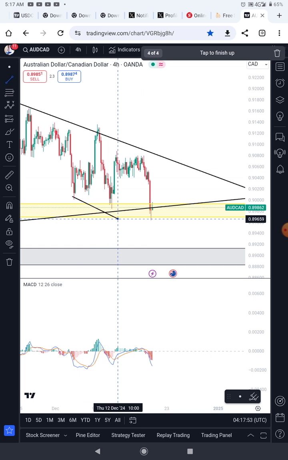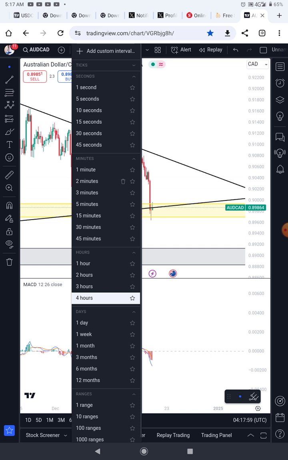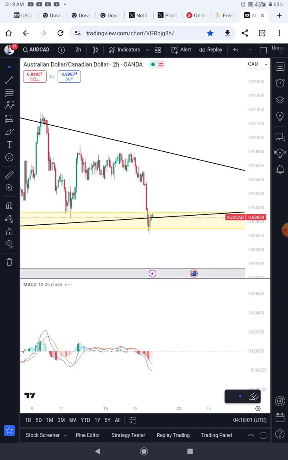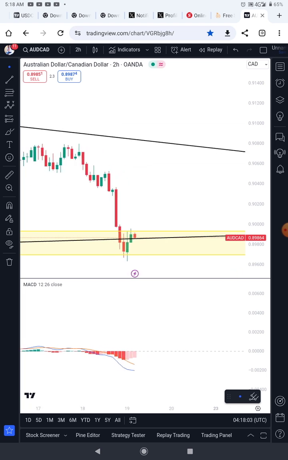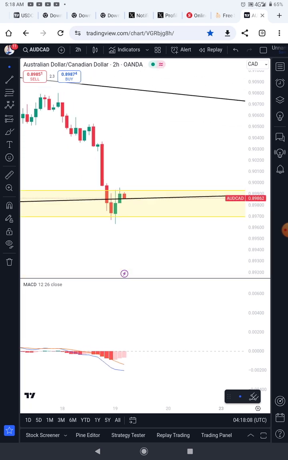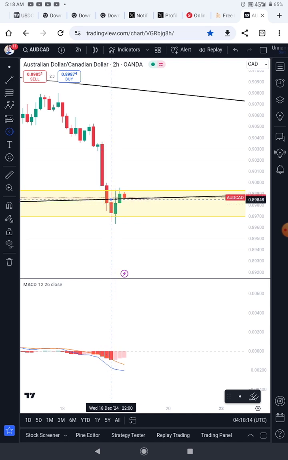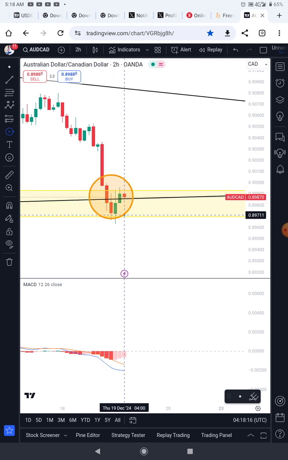Let's go lower. Let's see. Now I want to bring in the idea of candlesticks. Currently, as I'm recording this video, we have what we call a tweezer bottom formation showing at this point.